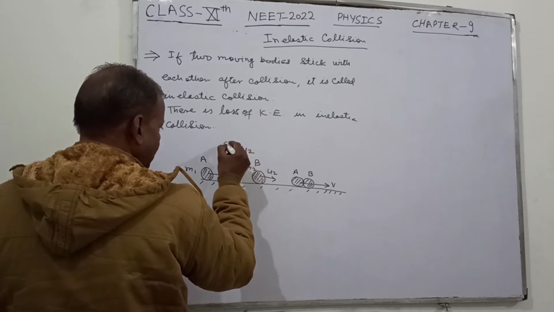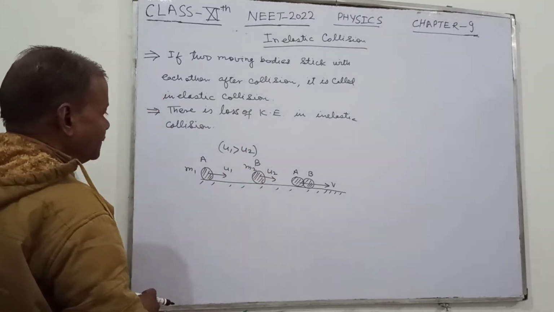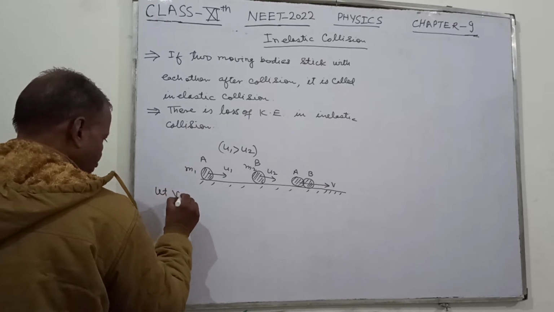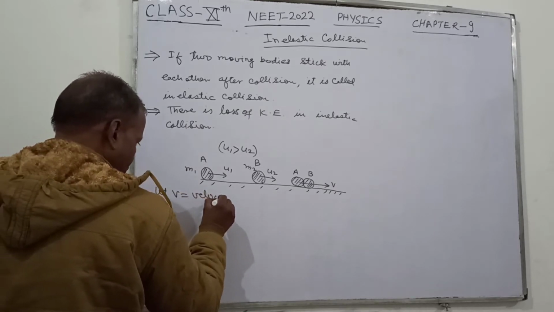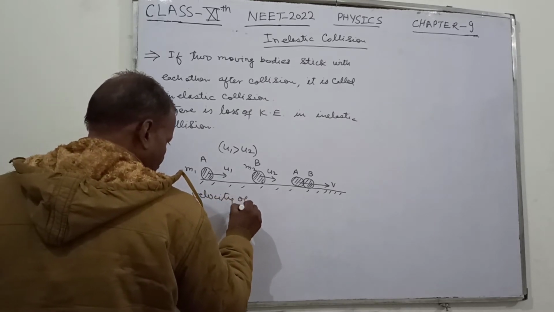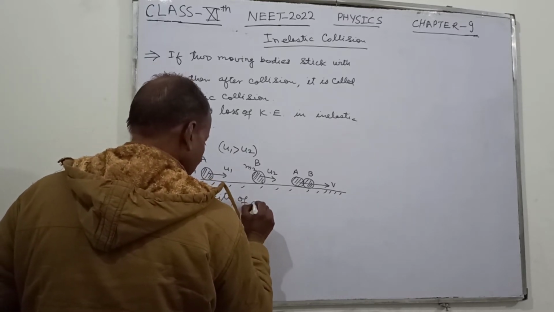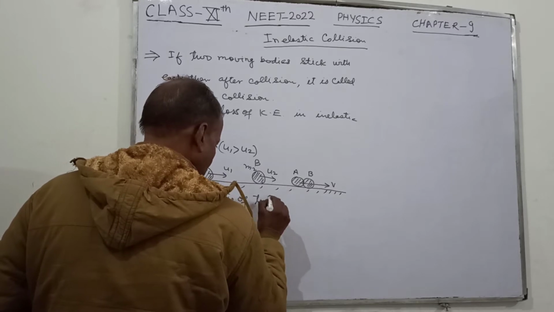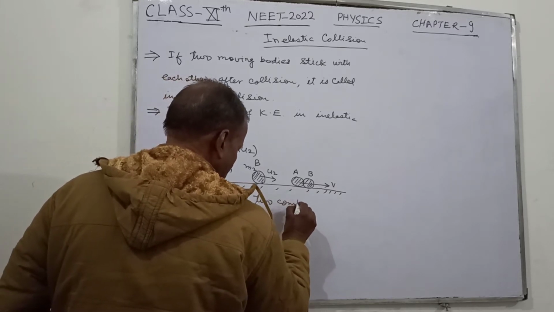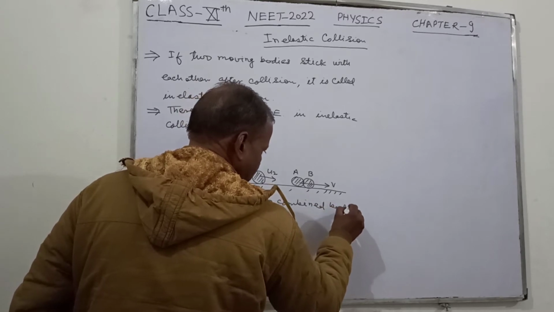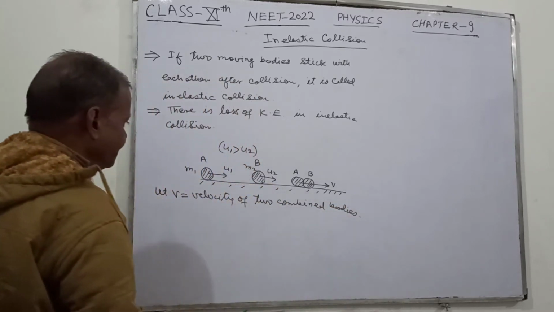u1 greater than u2. Let V be the velocity of the combined bodies.